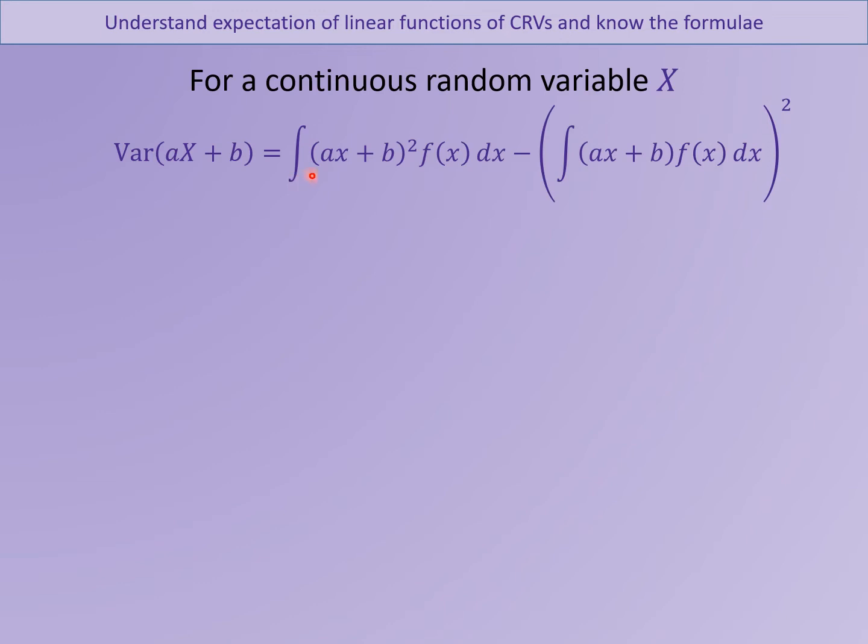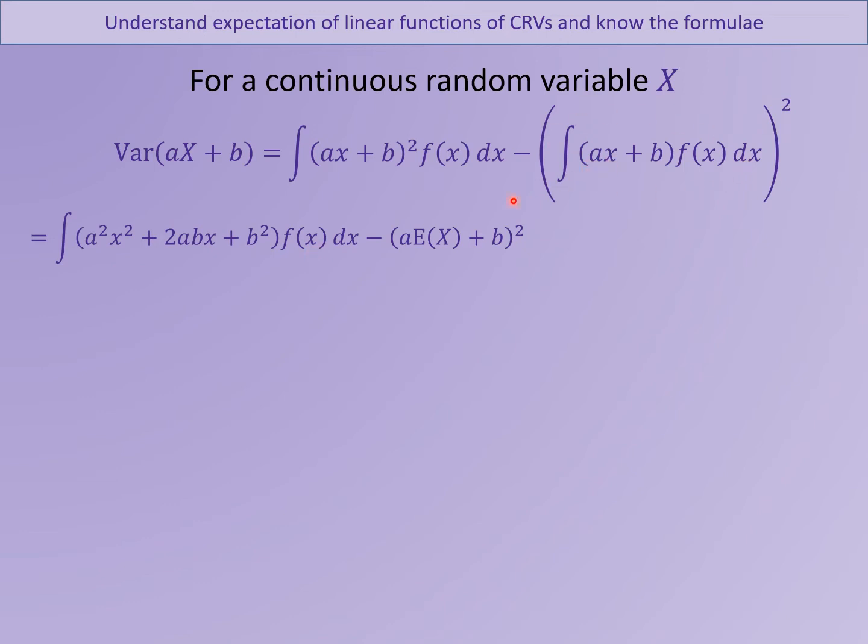So this here is the expected value of (ax plus b) squared, and this here is the expected value of ax plus b and then squared. So here what we have done is expanded (ax plus b) squared and kept it inside the integral.